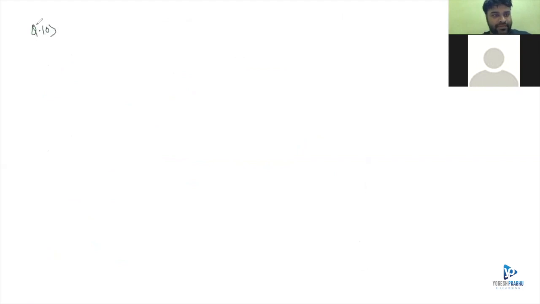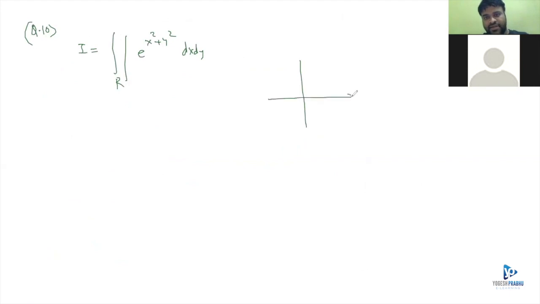Super easy. Use polar coordinates to evaluate the double integral over R of e to the x squared plus y squared dA, where dA is dx dy or dy dx, right? R is the region in the first quadrant between the circle of radius 1 and radius 2, both centered at the origin. So this is x and this is y, and there are two circles.